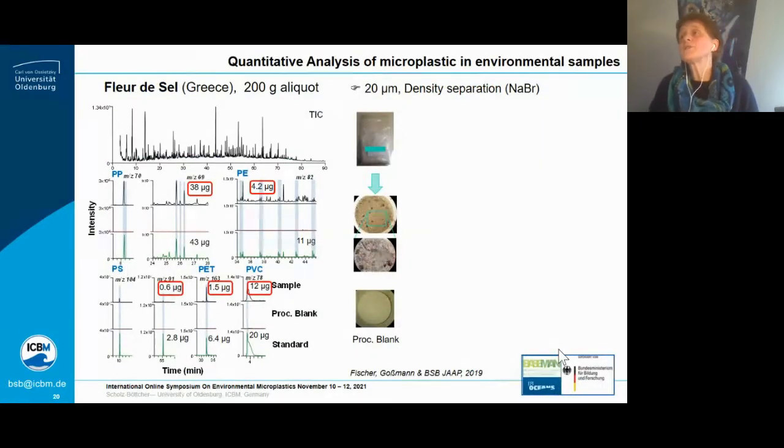Now, some samples we analyze, for example, sea salt or marine salt samples. Here, a fleur de sel sample from Greece. And even though it's salt, it's just dissolved and density separated because it still contains a lot of sand.